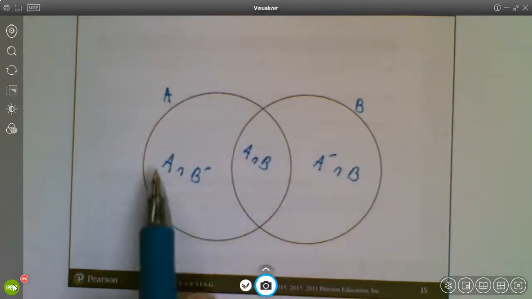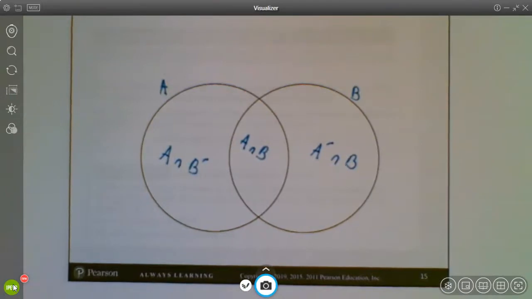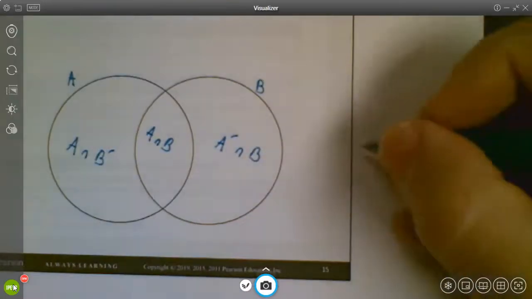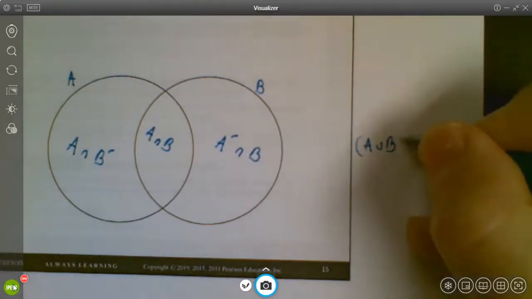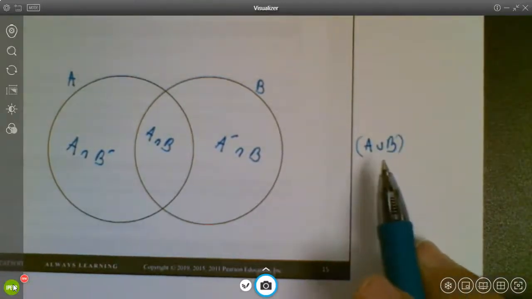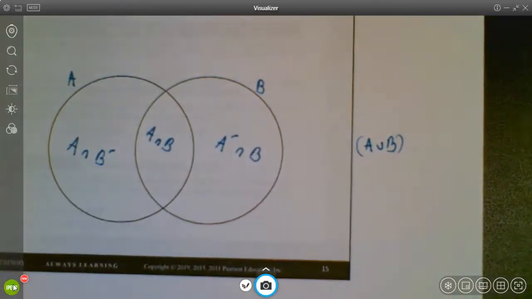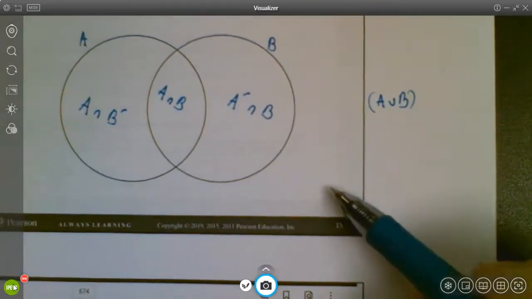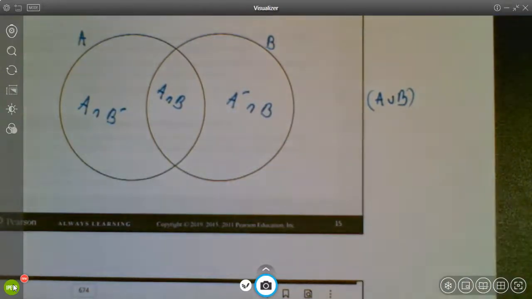If you were to look at all three of those areas, right? So if I really wanted to talk about all of A or B happening, all three of those cases, everything inside those two circles is what we would call A or B, right? It looks like this. All right, that's what we would call A or B. So this idea represents all of these probabilities being added together is A or B. So what does that leave us with out here? This would be everything that would exist if A or B does not happen.